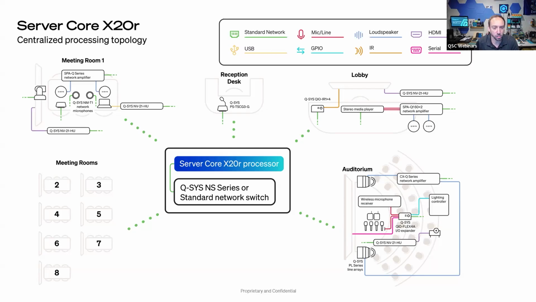We have our paging station at the reception desk. We also have our lobby with some signage player that we're talking to through Q-SYS, network amplifiers, NV21, IR to talk to the TV, and then our auditorium is also leveraging our PL series line arrays, CXQ amplifiers, tons of power there.